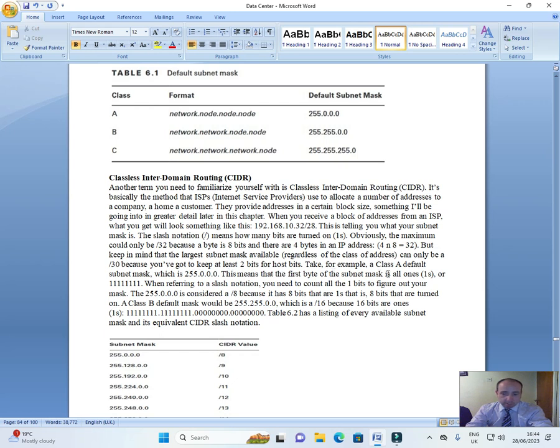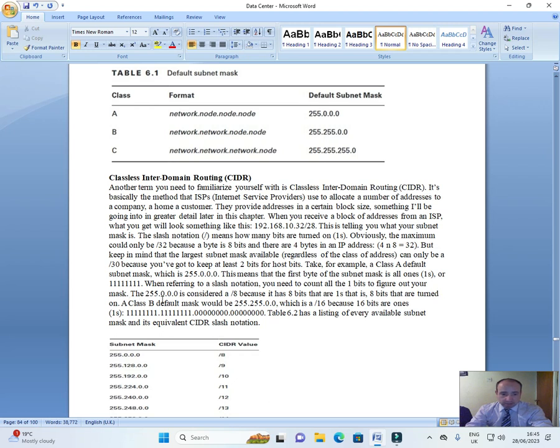Take for example a class A default subnet mask, which is 255.0.0.0. This means that the first byte of the subnet mask is all ones, or 11111111. When referring to a slash notation, you need to count all the 1 bits to figure out your mask.